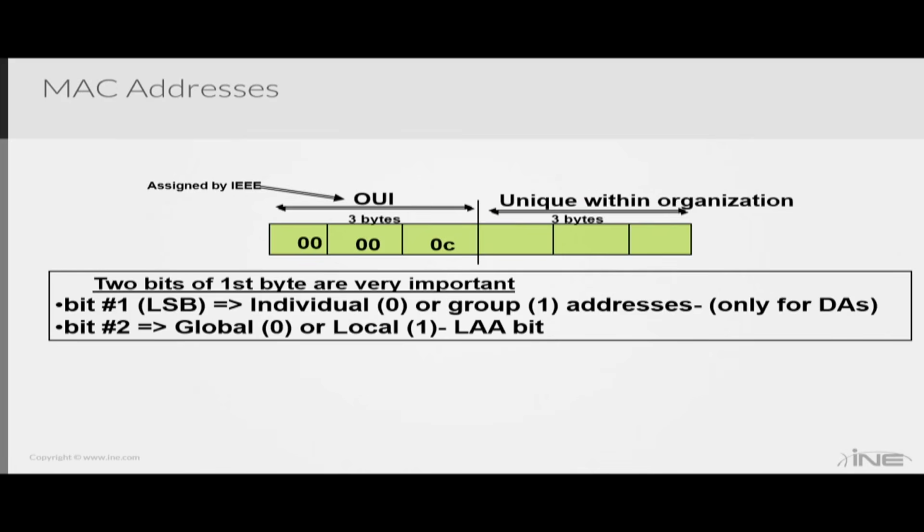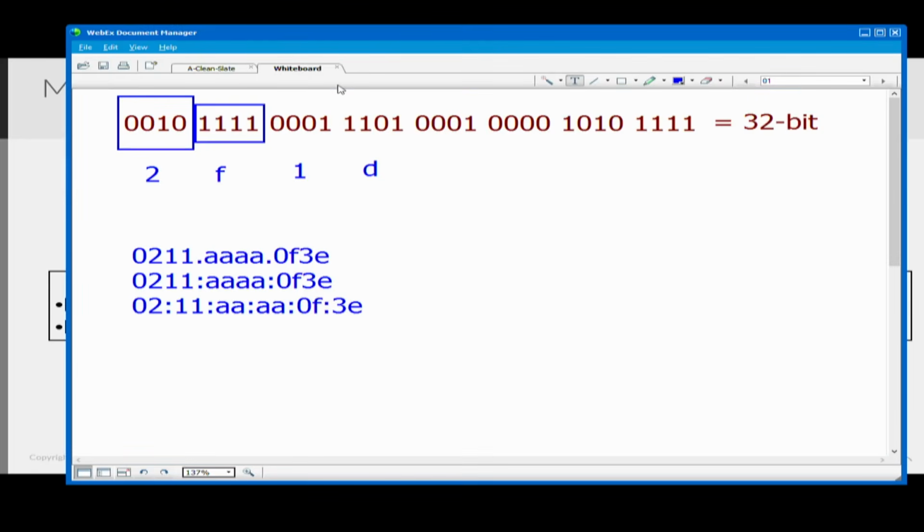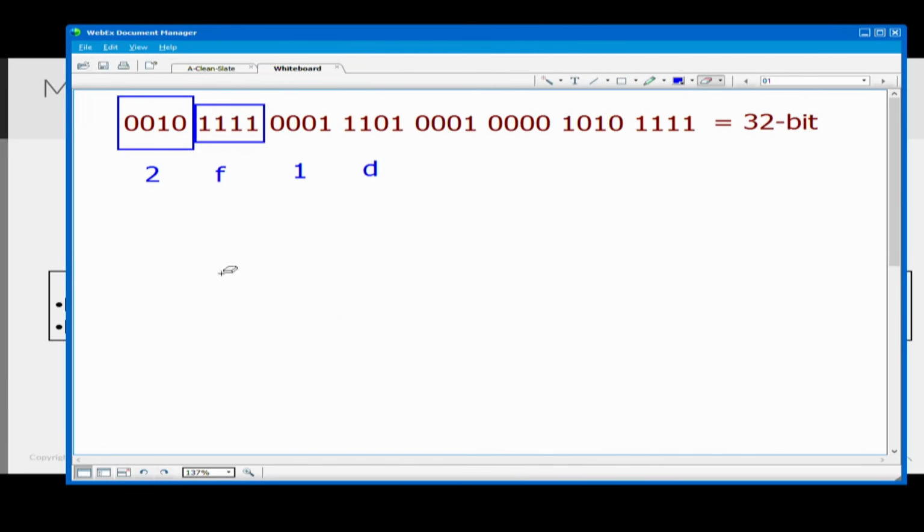But we're not done with the MAC address just yet. So the MAC address here, we know that this is the first 24 bits, first 3 bytes. Let me go back to the whiteboard here for a moment. So let's say this was my MAC address. This is the first 32 bits of my MAC address. Let me get rid of some of this.